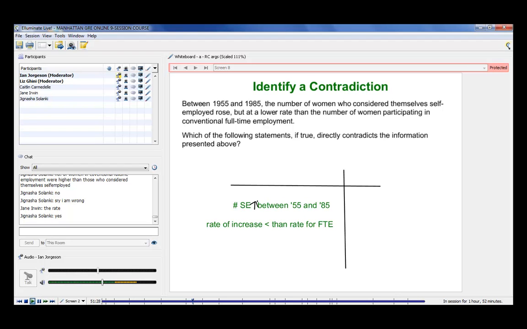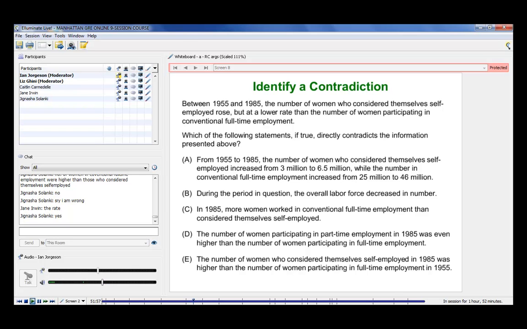But we can anticipate the answer is going to fall somewhere on the line about actual numbers of women and the rate of the increase in the number of women in these different roles. And I can probably guess that the incorrect answers are going to play on a misunderstanding of real numbers versus rate numbers. So let's be careful about that. But let's go ahead and look at the answers now.